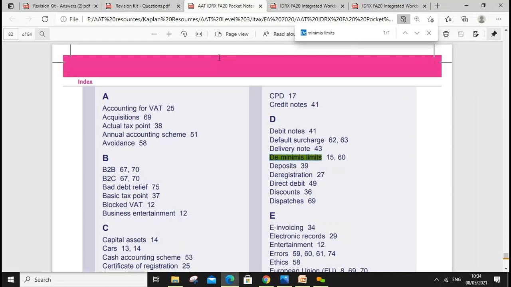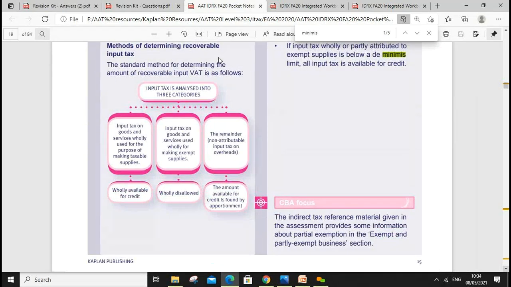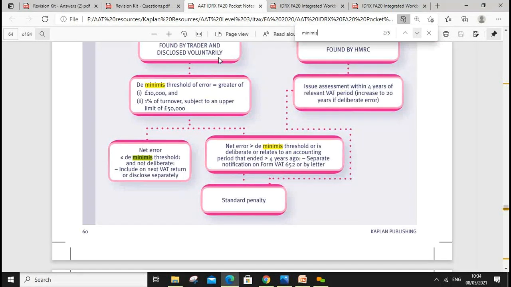It's not coming. Yes, de minimis here. Limits. Yes, you said so already. Yes, so you will see there.